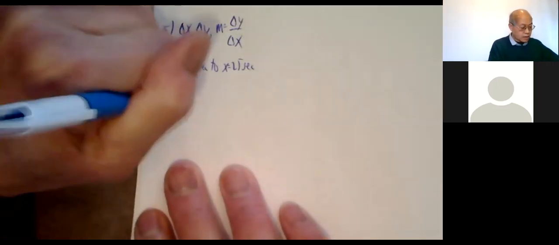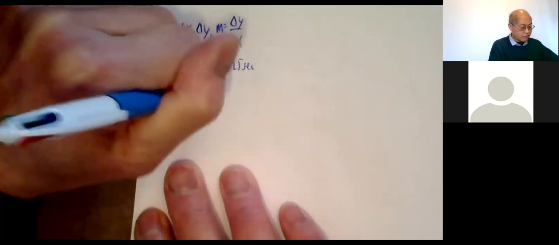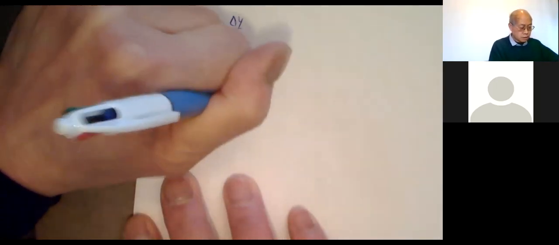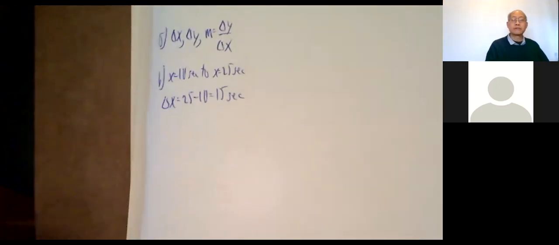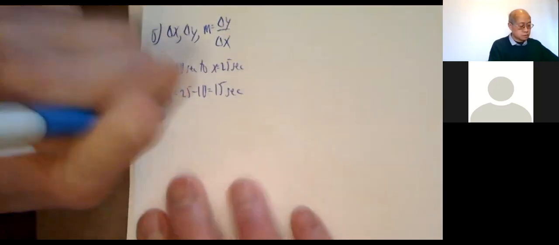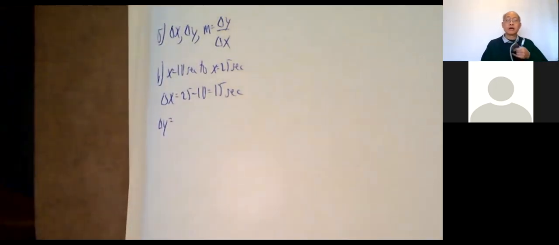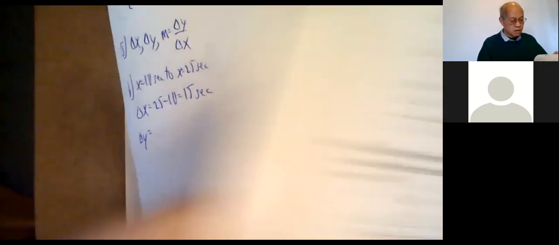Okay, so delta x is automatically 25 minus 10, which is 15 seconds, right? Delta y, change in y. So we're going from 10 to 25. Let's see.